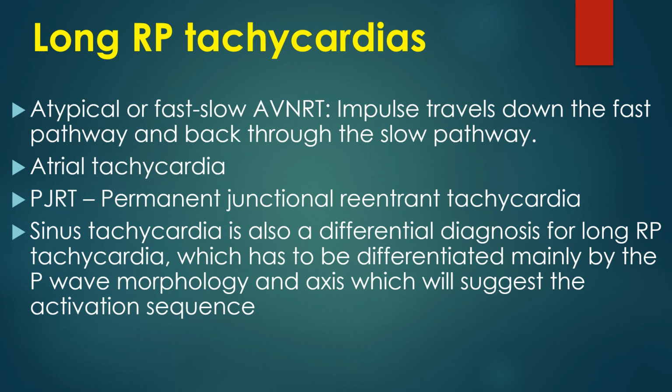Sinus tachycardia is also a differential diagnosis for long RP tachycardia, which must be differentiated mainly by the P wave morphology and axis, which will suggest the activation sequence from the sinus node downwards into both atria.